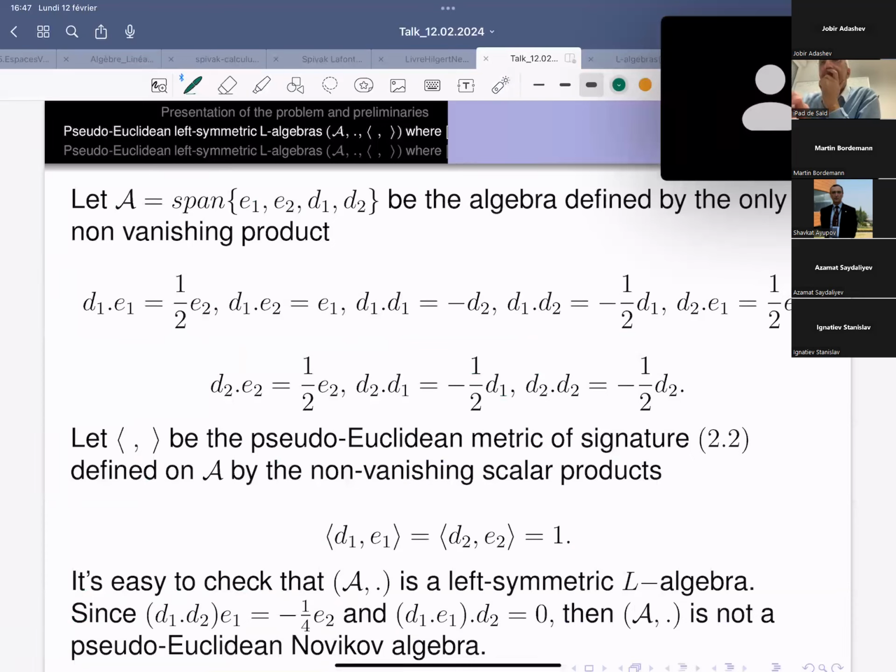If you consider the four-dimensional vector space here, and the product of R is defined by this. You have D1 here.